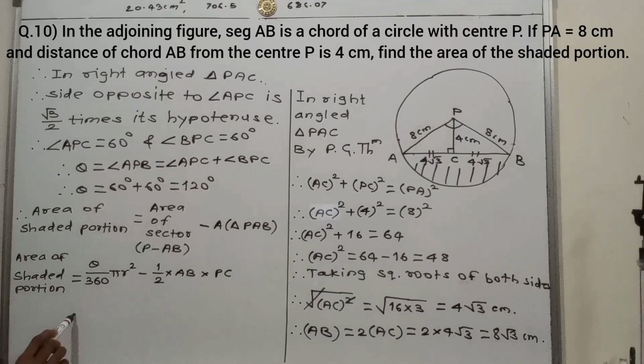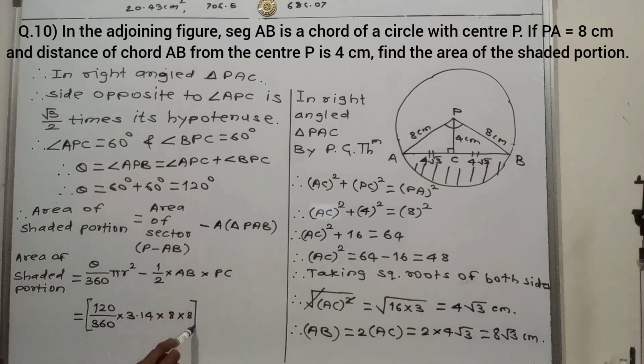Now what is value of theta? 120 degree upon 360. Value of pi is given 3.14 into radius. What is 8 into 8.